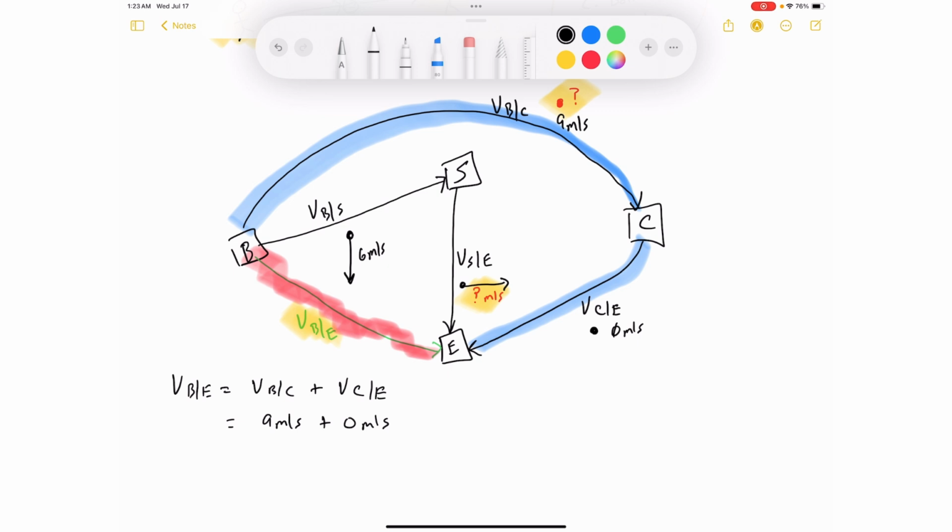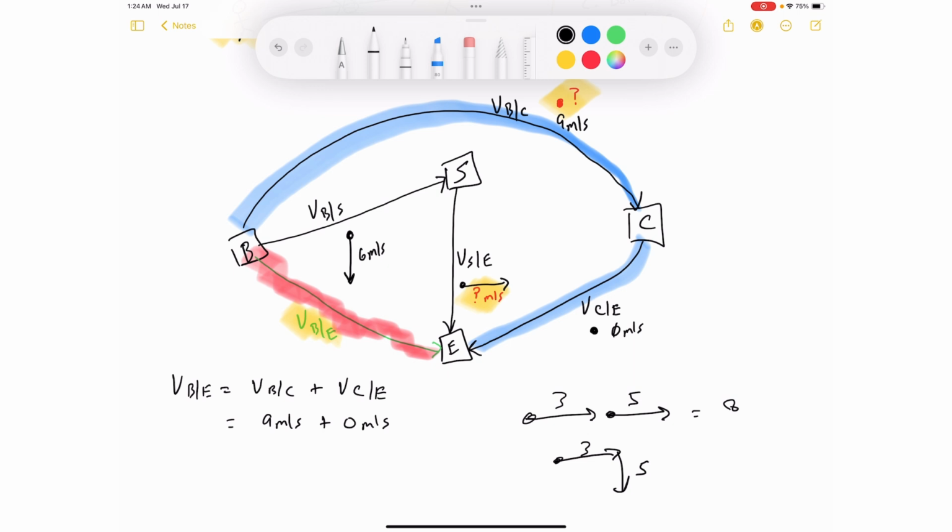Now, you want to be careful when you're adding these vector velocities, because here's an example. Let's say I have a vector that looks like this, and then another vector that looks like this, and say this is 3 and this is 5, and you want to add them up. Because they're going in the same direction, you could say 3 plus 5 is 8. But what if you had a vector that looked like this, 3, and the other vector looked like this, 5?